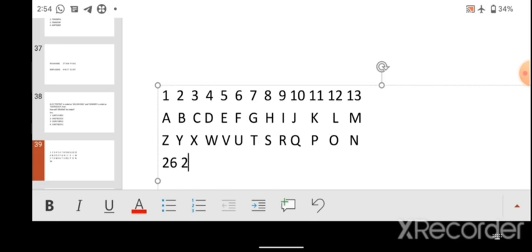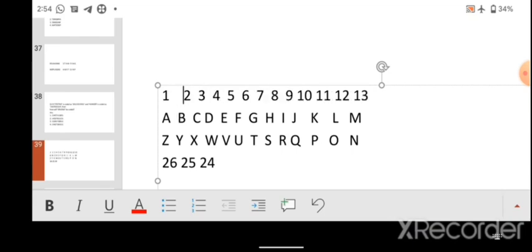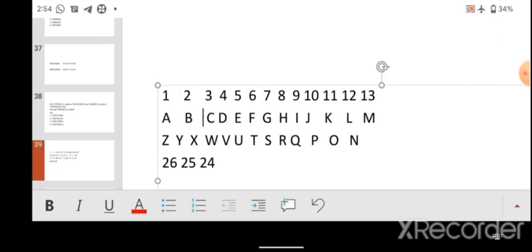26, 25, 24. Some more space. Okay. E corresponds to V, F corresponds to U, G corresponds to T, H corresponds to S, I corresponds to R. This is 23.